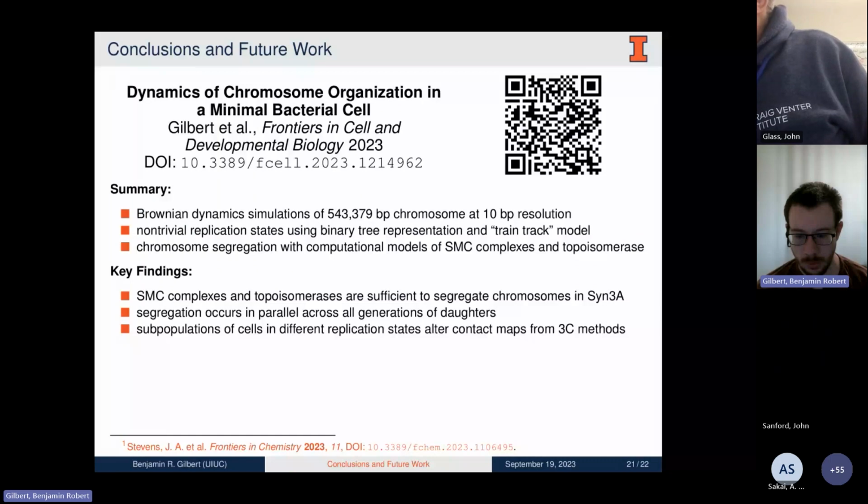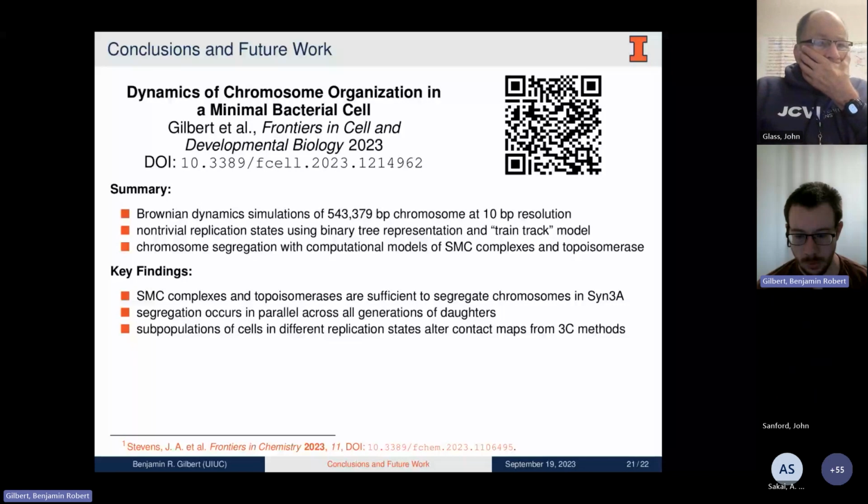We found that segregation occurs in parallel across all the generations of daughters when you have these nested theta structures, and that subpopulations of cells in different replication states alter contact maps from 3C methods, which motivates determining what the actual subpopulation should be, so that when you look at a 3C map, you can appreciate that it's not just a single unreplicated chromosome always.